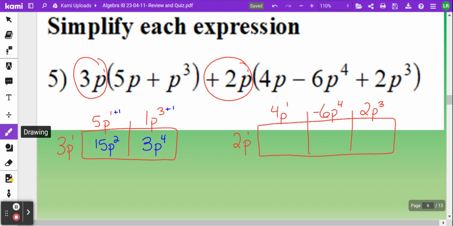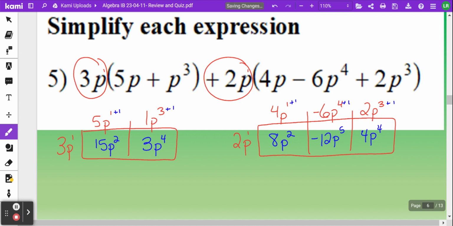I'm multiplying by a p to the first, so all of my exponents should be going up 1. Okay? So 2 times 4 is 8. That is now going to be p squared. 2 times negative 6 is negative 12. That is now going to be p to the fifth. And 2 times 2 is 4. It's going up 1. That is now going to be p to the fourth power.